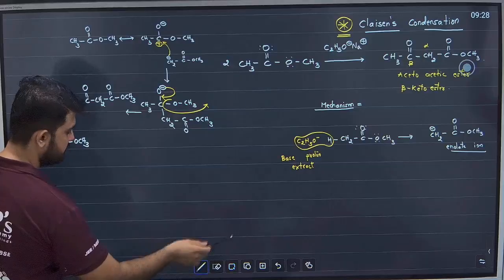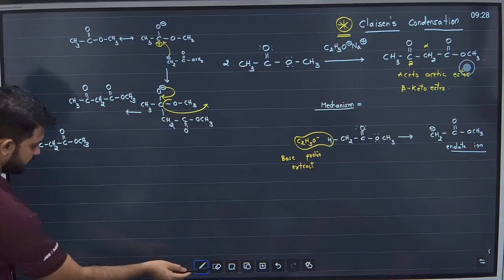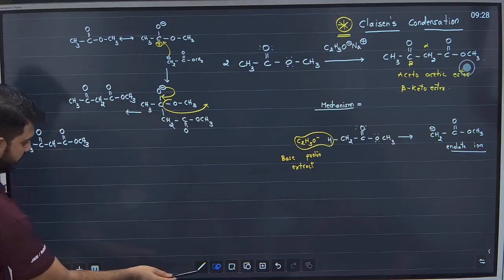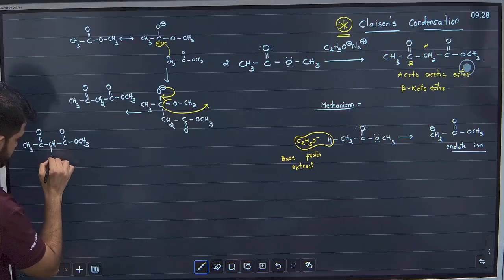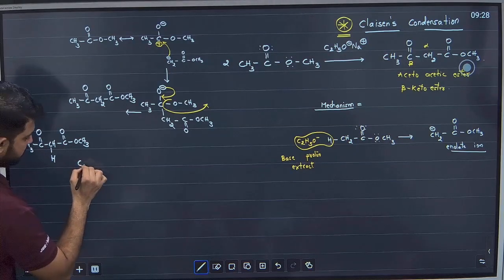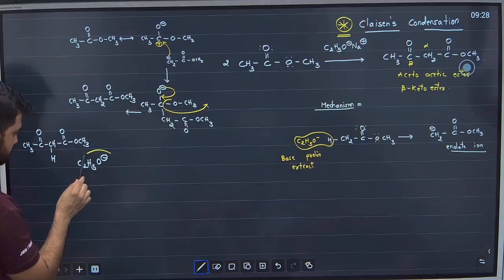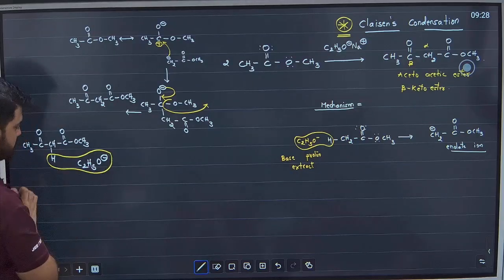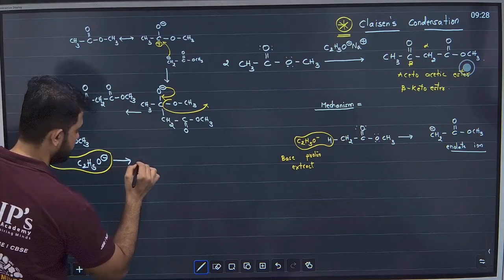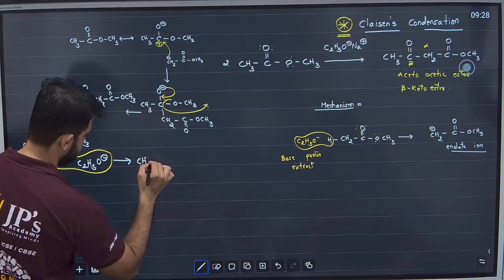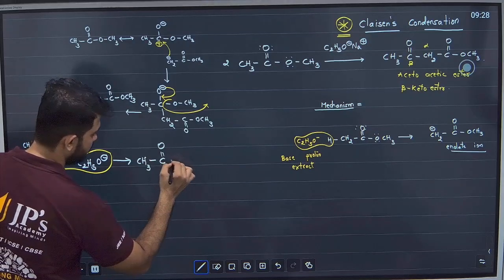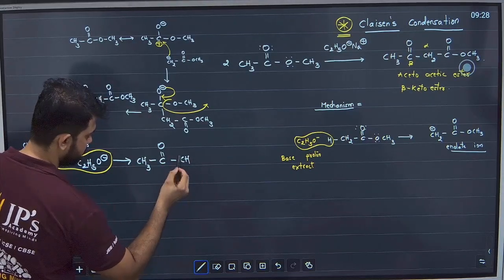Now what happens here is, see, there is still base present. So base क्या करेगा यहाँ से C2H5O minus will again extract this H, and what do we have here? CH3, C double bond O, CH.